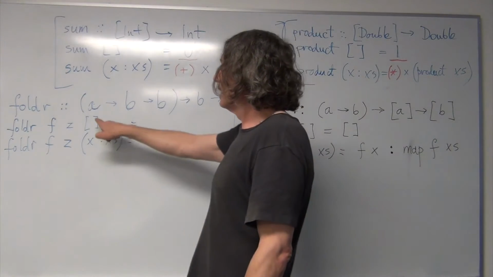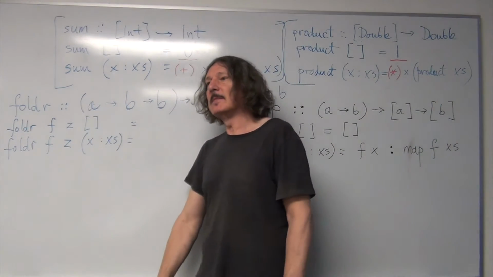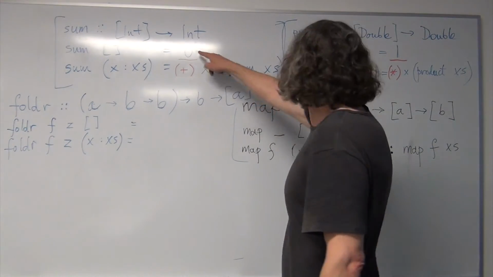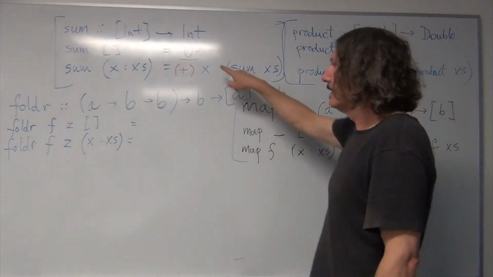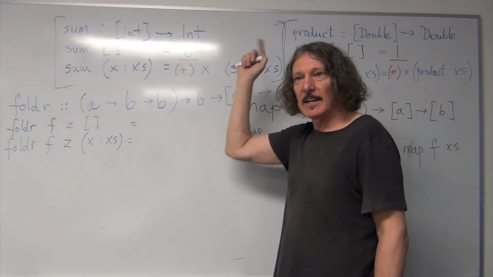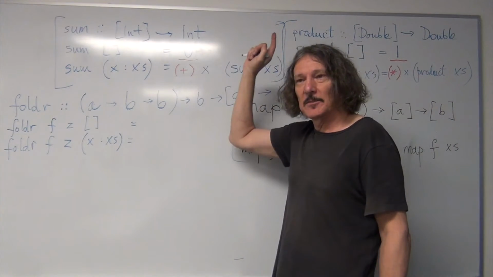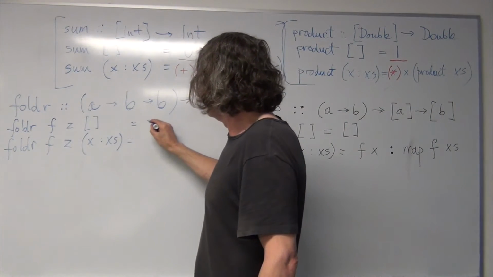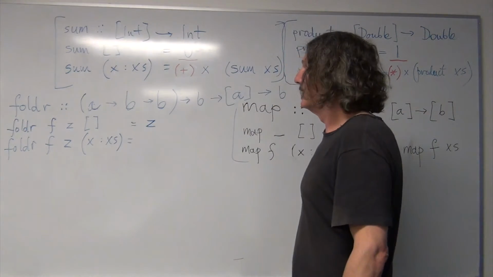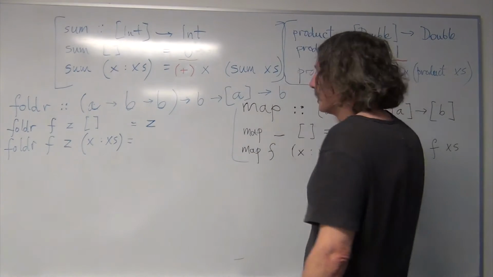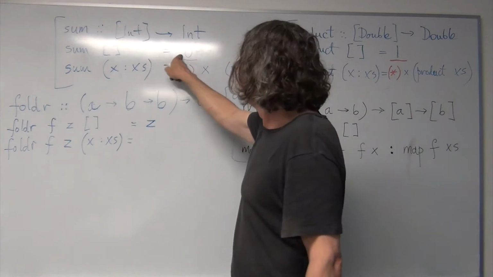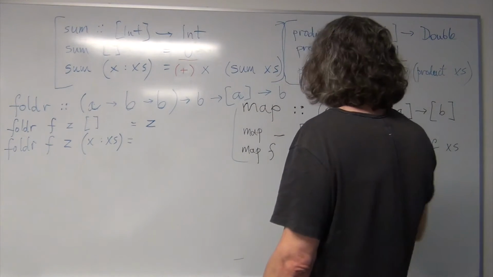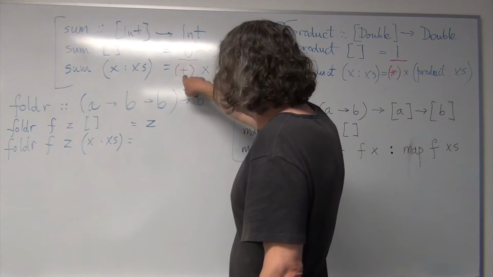Okay, so what's this stuff acting on an empty list? Right, on an empty list, here it was 0, here it was 1. That's the varying thing, right? That's the initial value of the accumulator. The initial value of the accumulator is z. Right? Here it's 0, here it's 1, and yeah. Now for this guy, what we are doing, we are applying this function of 2 arguments.